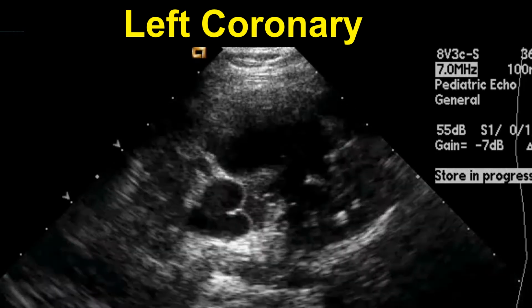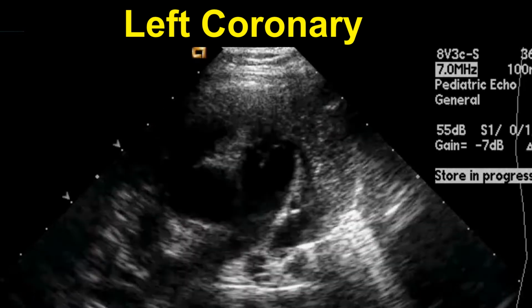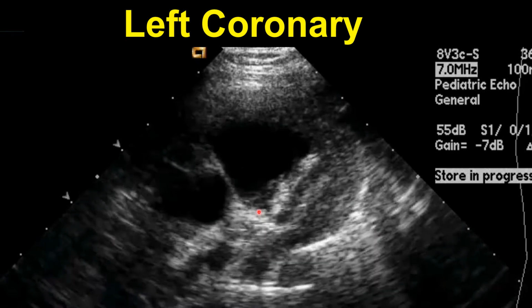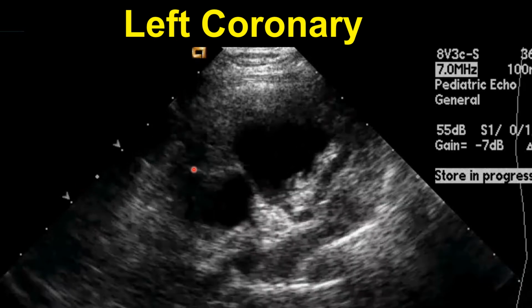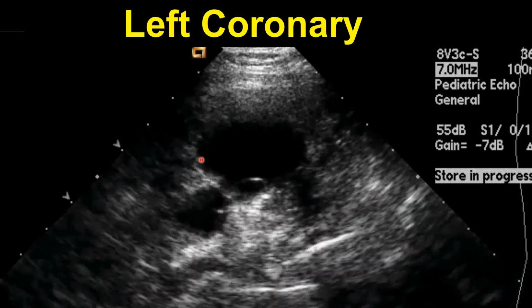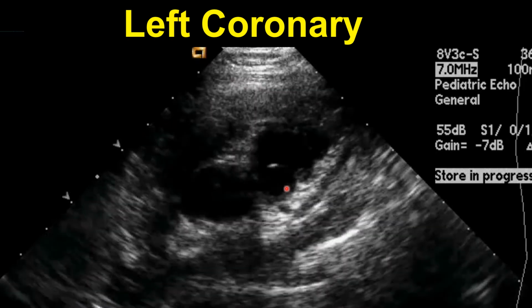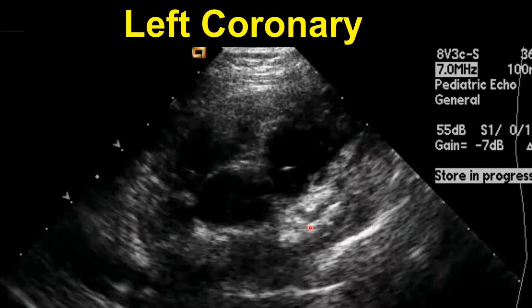So here we see it in real time. It's not so easy to see. We can see the right coronary artery coming off up here just for a second, and we can see the left coronary artery going into the posterior pulmonary artery.